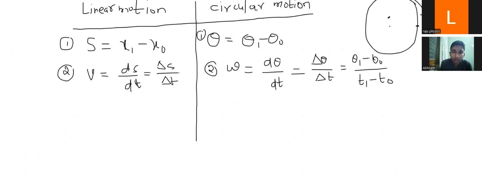Then the third formula: here I have written distance and velocity, and then acceleration. What is the formula for acceleration in linear motion? It is dv by dt, the rate of change of velocity, or v minus u by t.